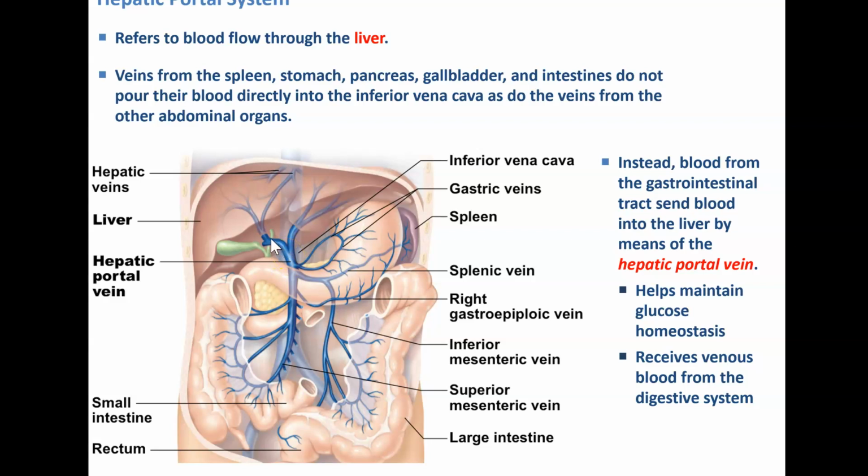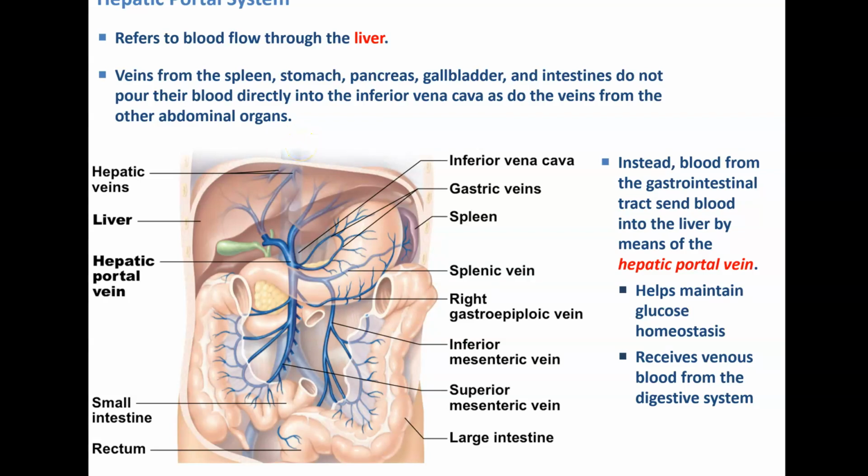That hepatic portal vein then takes it over to the liver, where we meet our second capillary bed. We are going to detoxify and make use of the nutrients, and then all of our deoxygenated blood will go into our hepatic veins here and drain into the inferior vena cava to be taken back to the heart.